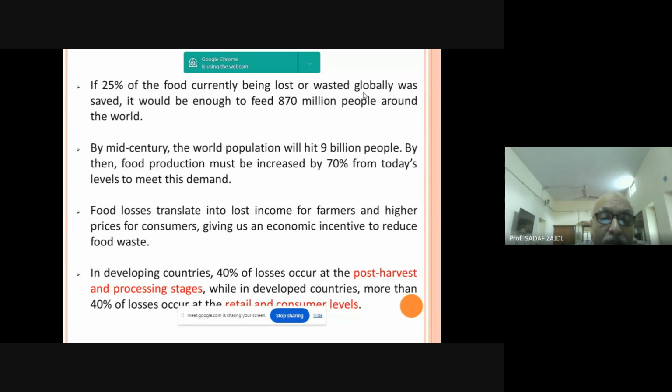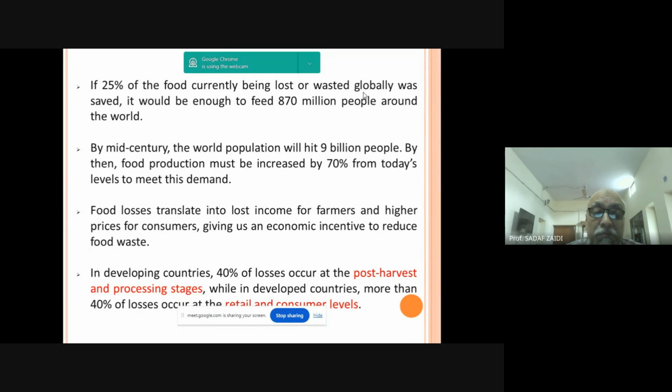If we prevent food losses on the farm, we will translate more income to the farmers and lower prices for the consumers. और अगर आप देखें तो developing countries 40% of losses occur at the post harvest and processing stages, while in developed countries more than 40% losses occur at the retail and consumer levels. This is a very important difference between the nature of the food loss and food waste. You will find that post-harvest and processing losses are more in developing countries because they don't have those facilities, okay?